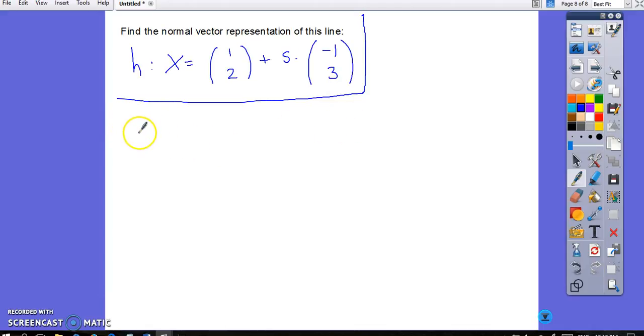So, the normal vector representation is of the form n times x is equal to n times p. This is how we can find the normal vector representation, where this is the normal vector. This x, as in the last video, represents any point on the line.